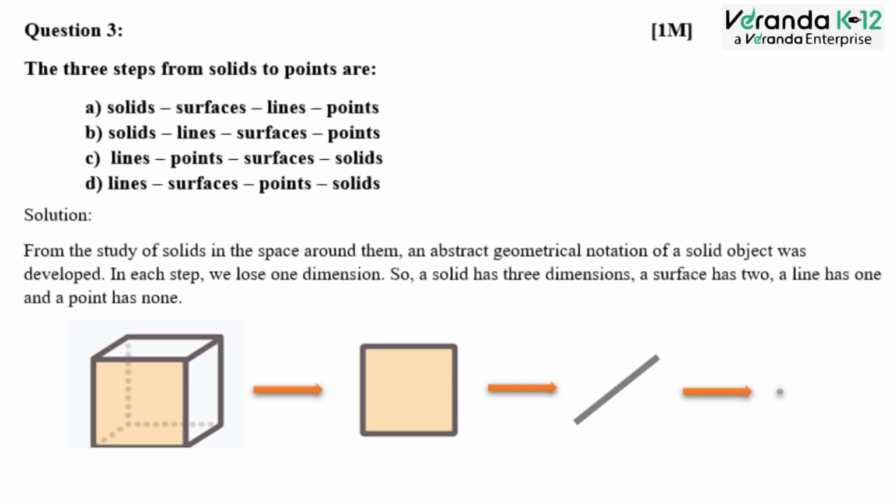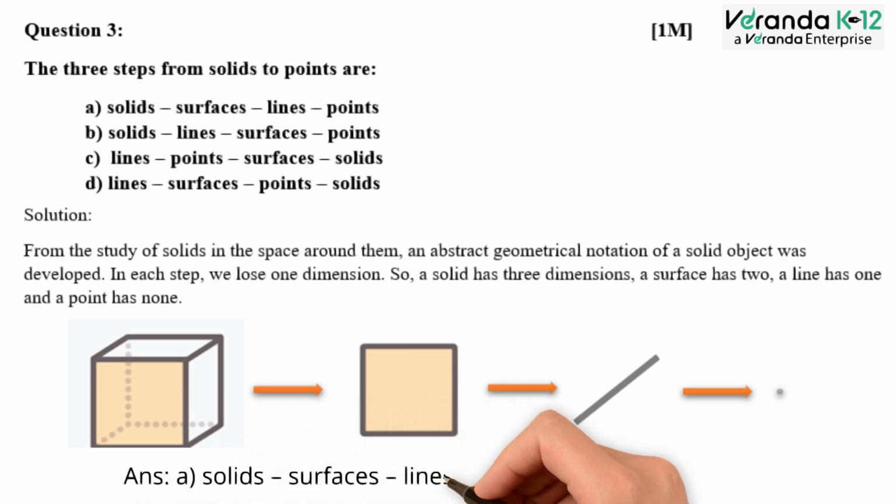Thus they saw solids have 3 dimensions: length, breadth and height. If one dimension is reduced from it, we obtain a surface which has only length and breadth. So in that way, a line is defined as breadthless length which has 1 dimension and the point has no dimension. So our answer is option A, solid, surface, line, then points.